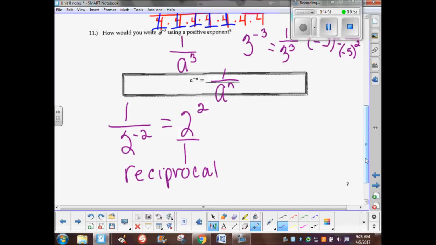Because when you take the reciprocal, you change the sign of the exponent. Basically take what you already have, the existing exponent. If you want to change it to positive, you take away the negative, and then the 1 will go on top. And if you're making it negative, you flip it and change the sign. Flip it, change the sign. That's exactly what ends up happening.